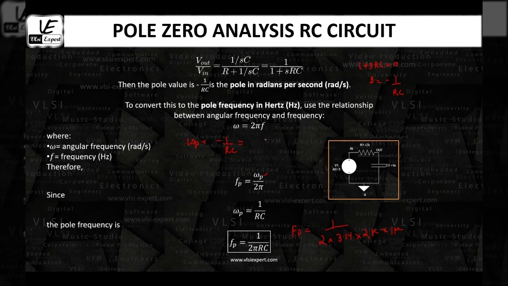If I put the values, R is 2 into 10 to the power 3 ohms, and 1 micro means 10 to the minus 6, so this will give me 1 over 2 into 10 to the power minus 3. This 10 to the power minus 3 can go up, giving 1000 divided by 2, so my pole is at 500 radians per second.